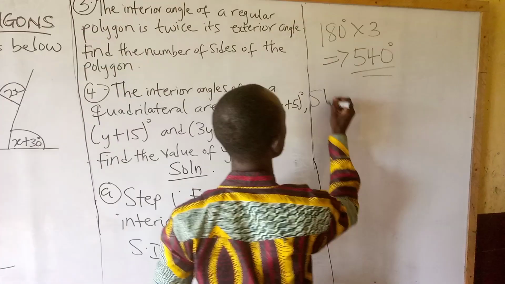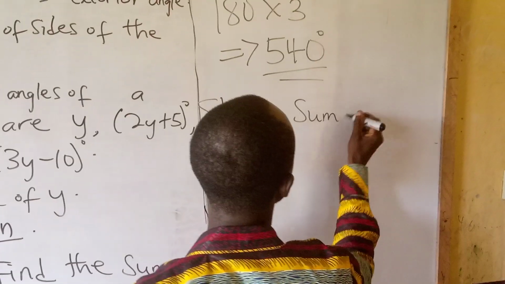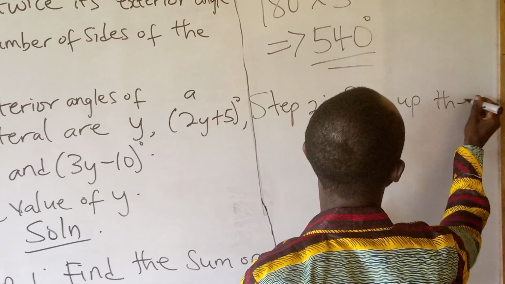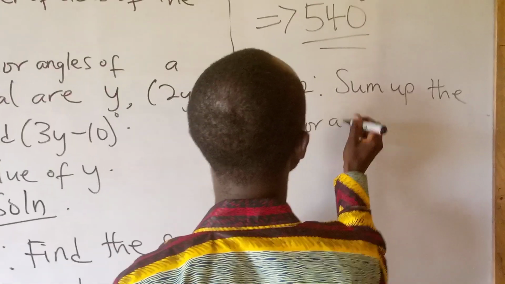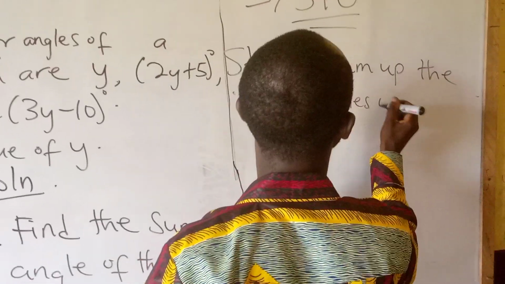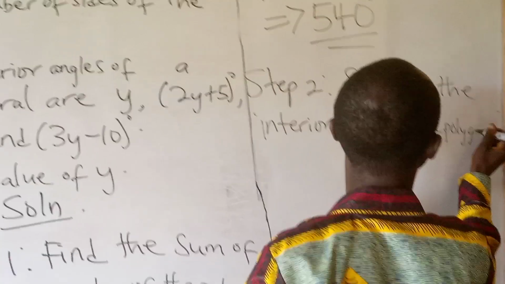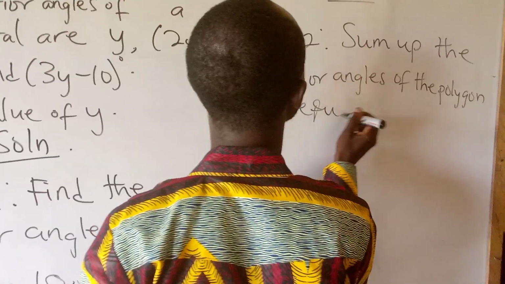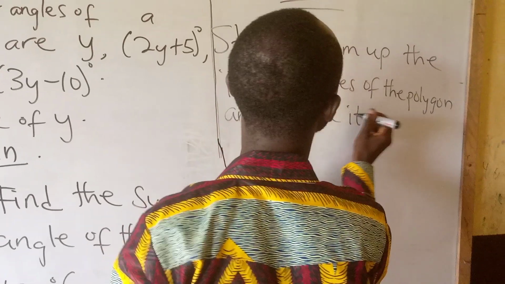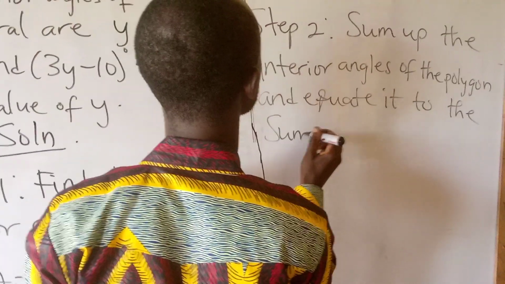So step 2, sum up the interior angles of the polygon and equate it to the sum of interior angle.